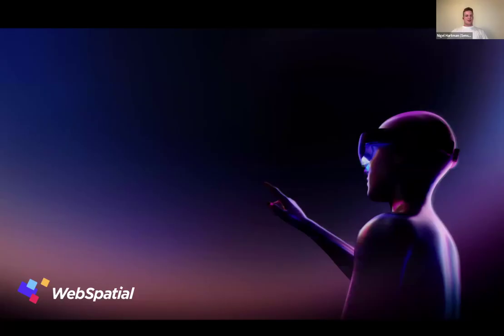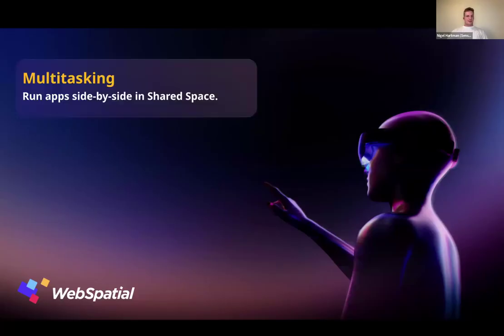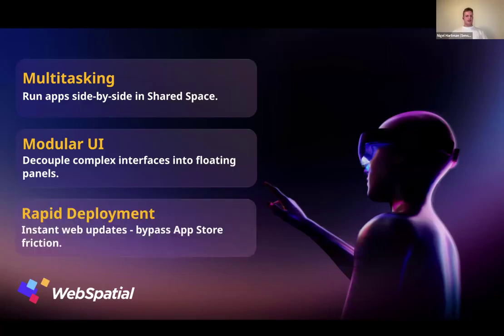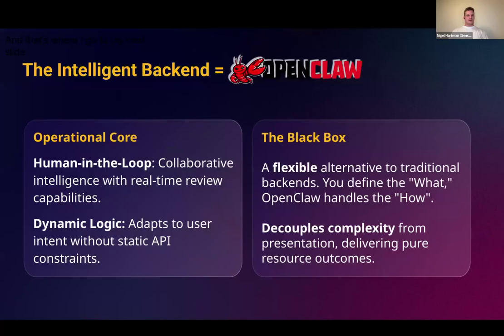So that's why we built this new kit. It will use multitasking and the modular user interface, so you can have 2D windows and 3D windows. In the 2D windows, you can have video players. In the 3D windows, you can have 3D models, which you just generated and can put together in some way. And yes, it's really easy to install.